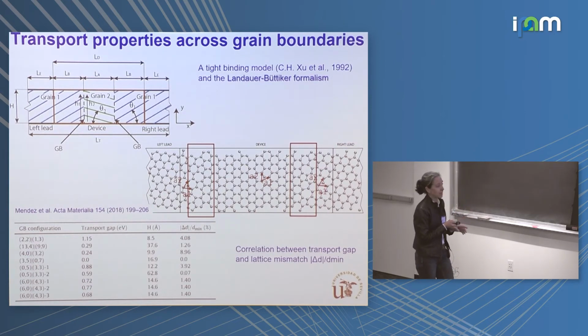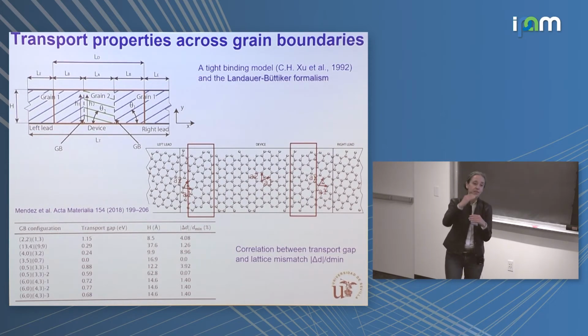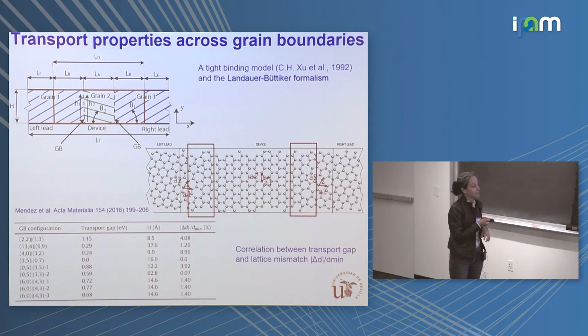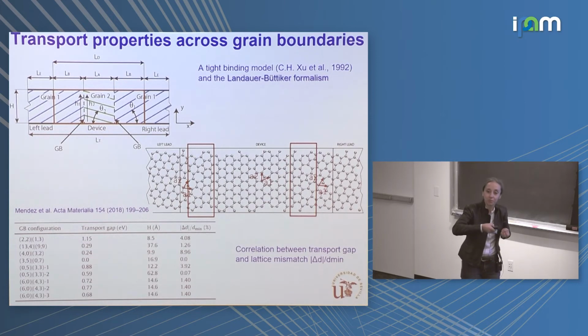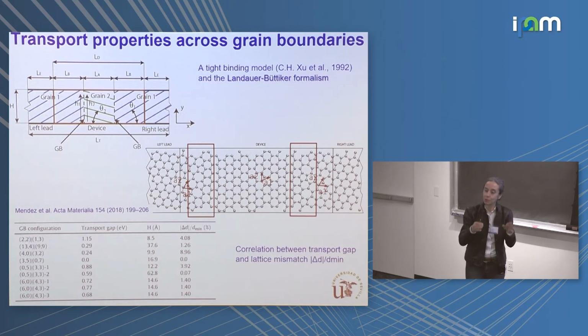What is this mismatch? You have two grains with different angles. This value for both grains is not exactly the same. This mismatch is the difference between these two values, meaning that one grain is going to suffer some in-plane deformation in order to adjust the grain boundaries, the borders.